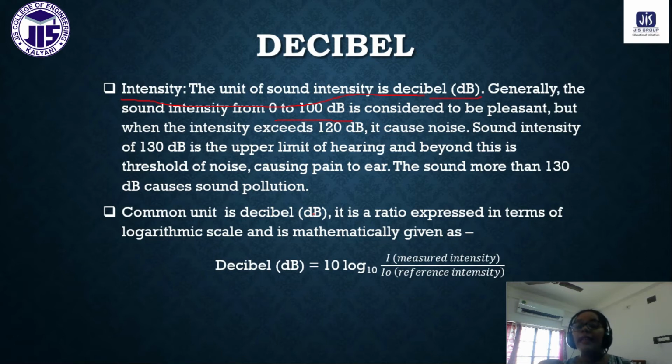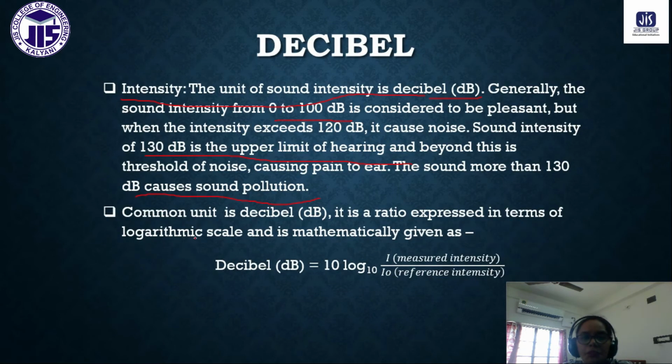But if it exceeds 120 decibel, and then 130 decibel, that will create biochemical effects on any type of living system. This sound intensity is very high and very harmful for us. We can have many types of disease from this high intensity sound, that we will discuss later, the effect of noise. Sound more than 130 decibel causes sound pollution.